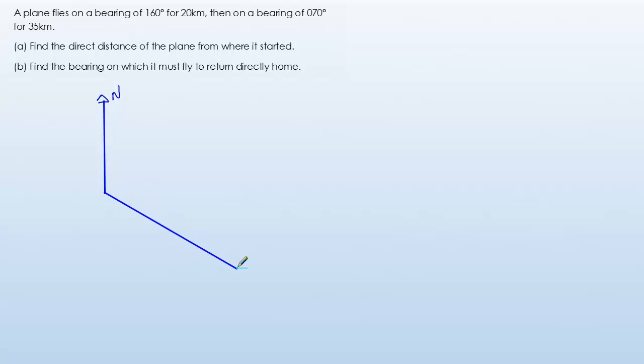So 160 is in this sort of direction, and it goes 20 kilometers this way. So that angle there is 160. Then we need another north.